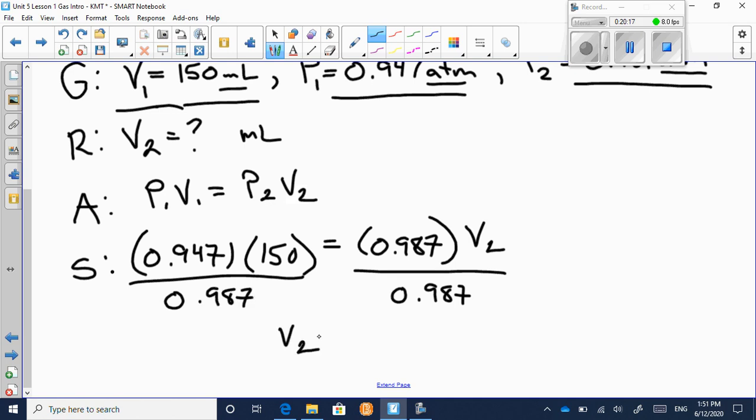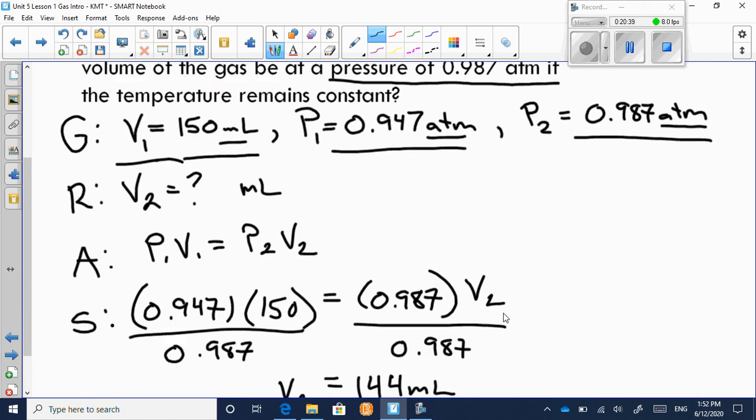And here we go, I'll type that in. So V2 is going to be equal to 0.947 times 150 divided by 0.987, and I get 144 milliliters.